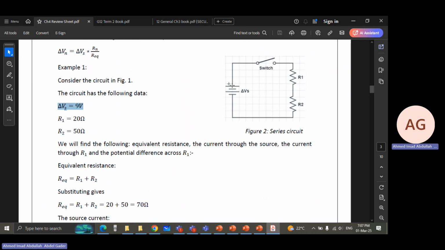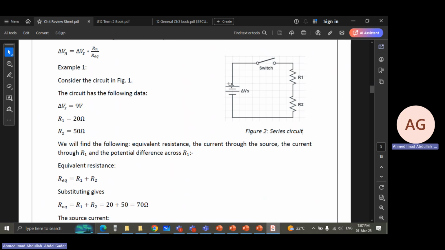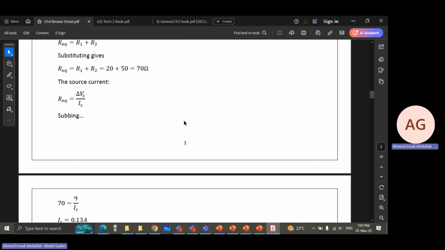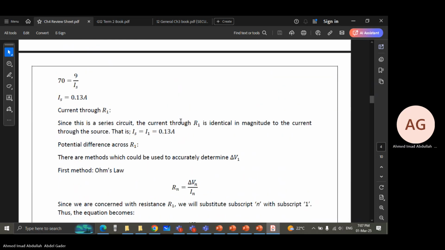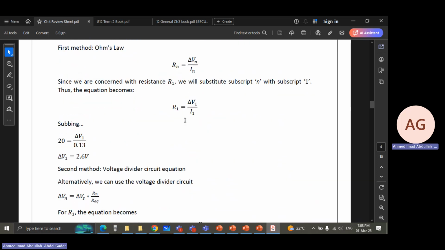It just so happens that since this is a series circuit, the current through the battery will be the same current through R1 and R2, as stated over here. Is equals I1 in this case equals 0.13.